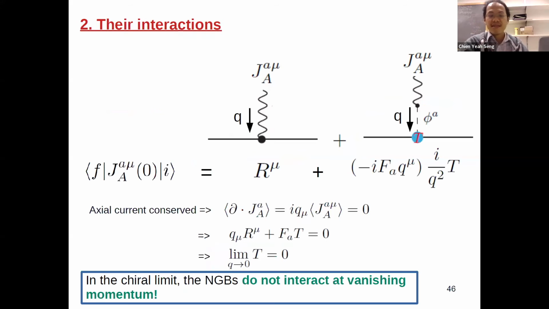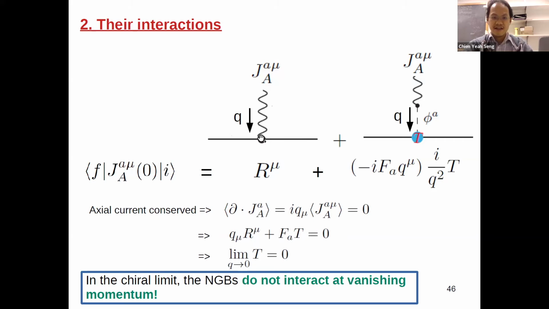And the second is about its interaction. So now if you take an arbitrary matrix element of the axial current, namely the axial current interacting with any hadronic initial and final state, then you'll find that it will consist of two diagrams.